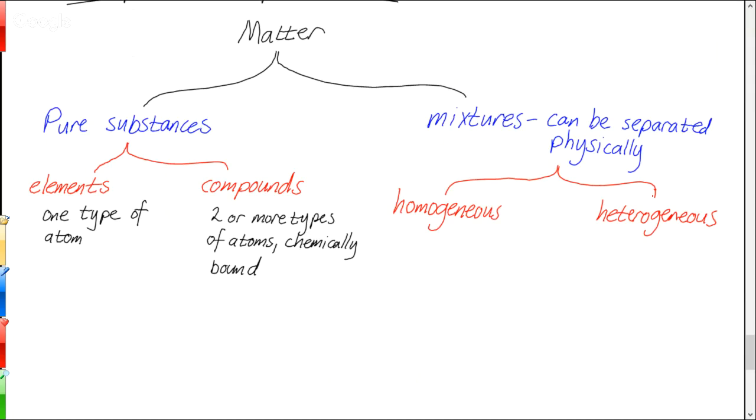Homogeneous mixtures are sometimes known as solutions because the composition is uniform throughout. A homogeneous mixture doesn't have to be a solution, but it often is.